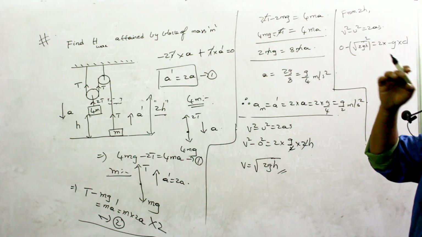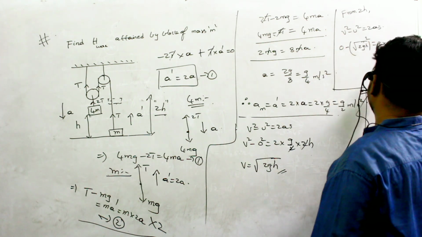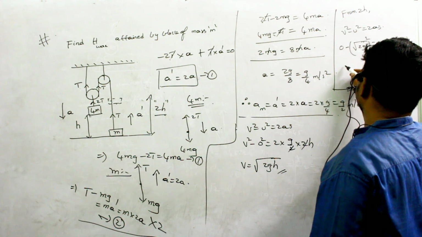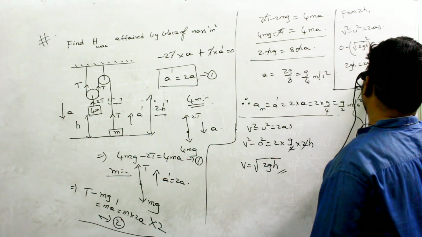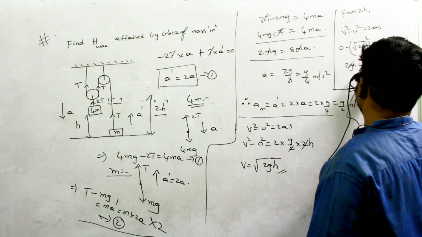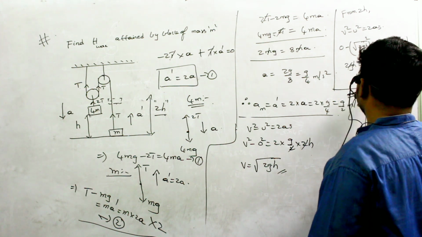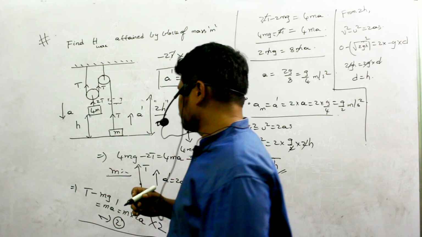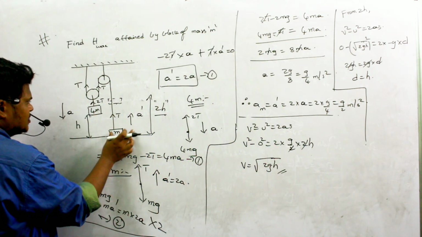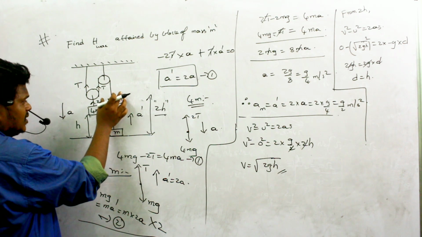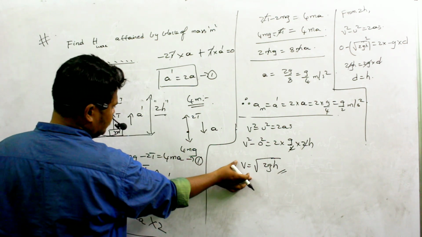Here d is the distance traveled by the mass. So therefore minus minus gets cancelled. So 2gh is equals to 2g into d. So 2g gets cancelled. So d is equals to h. This is the relation I got. That is, by the time it reaches h, it has reached a height of 2h, and here it has a velocity of root 2gh.